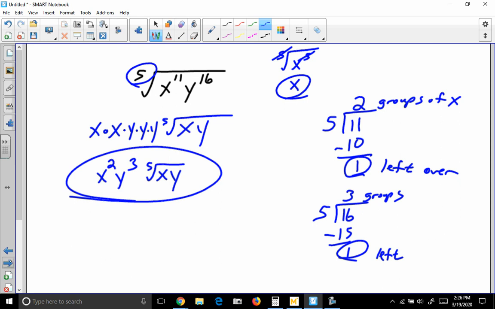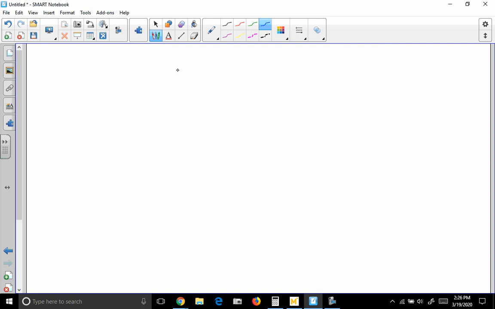So let's do one more. Let's do the cube root of x to the 23rd, y to the 14th. So we would never want to write all of those x's out. But if we're putting them into groups of 3, and how do I know groups of 3? Yes, that index tells us what size root we're taking.